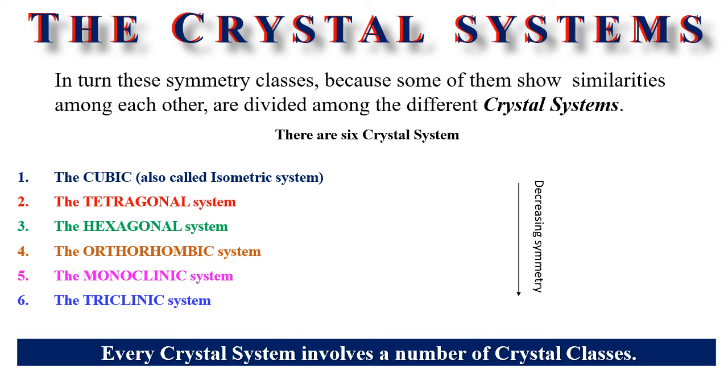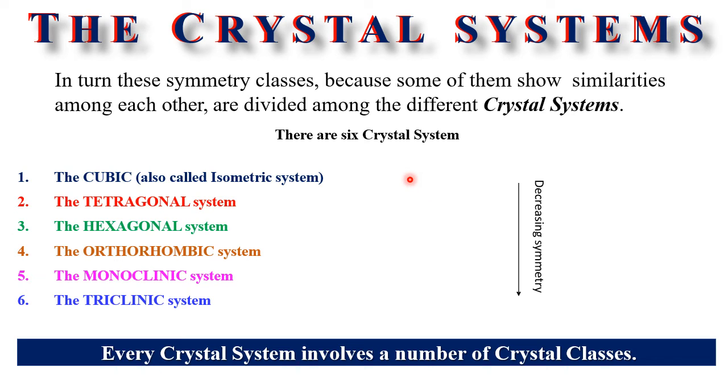In turn, because of the similarity among them, these 32 crystal classes have been divided into 6 crystal systems. And these 6 crystal systems are the cubic system, also known as the isometric system, the second is the tetragonal system, the third is the hexagonal system, and we have the orthorhombic system, the monoclinic system, and the triclinic system.